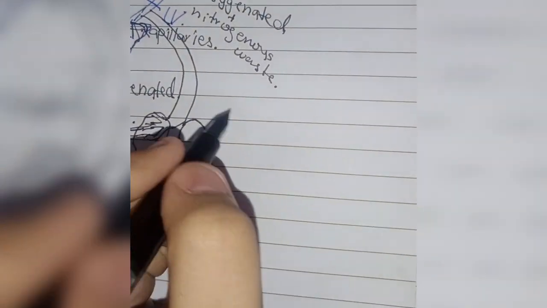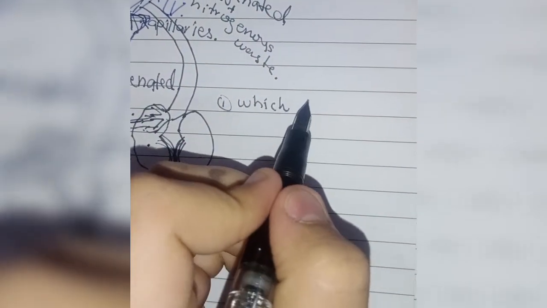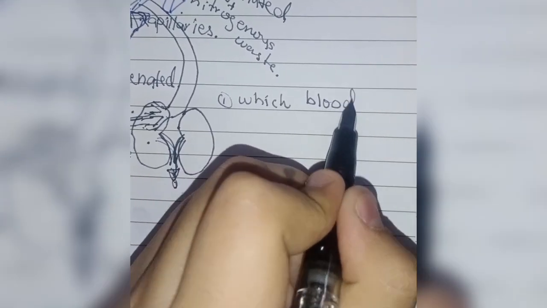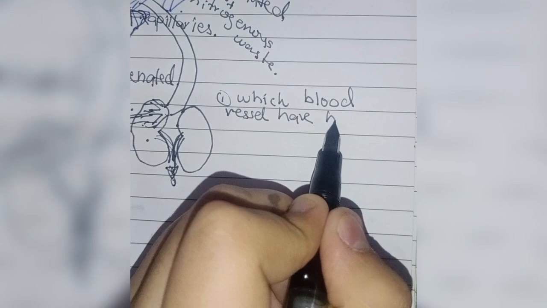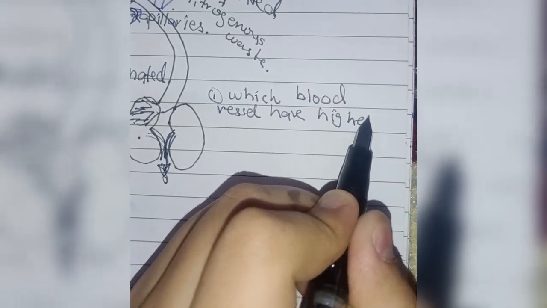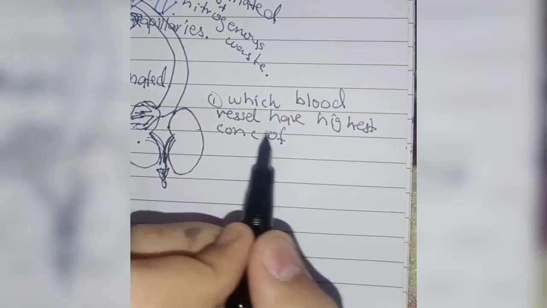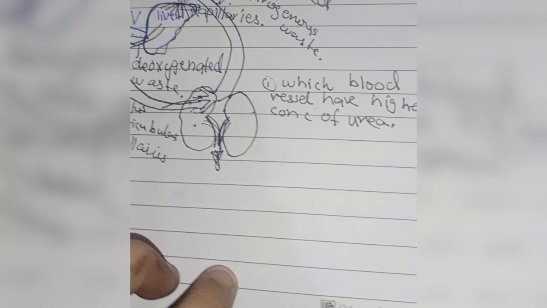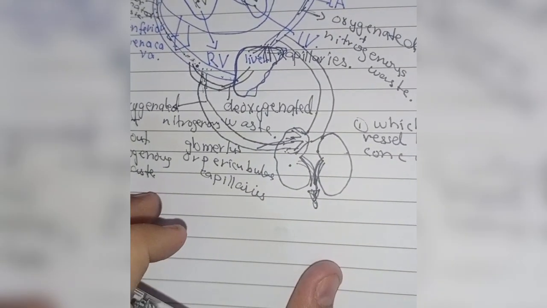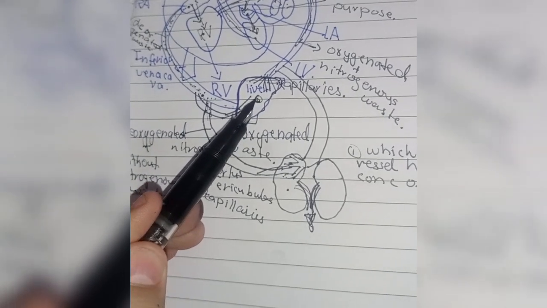So see, let me write here: which blood vessel has the highest concentration of urea? Okay, so you can see in the diagram which blood has the highest concentration of urea, as urea was present in the liver.